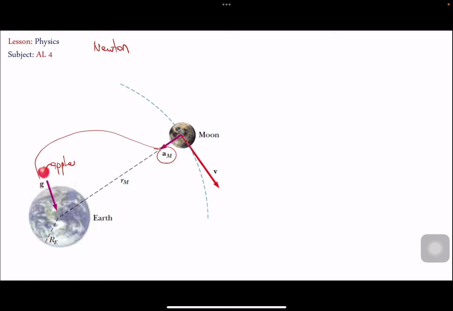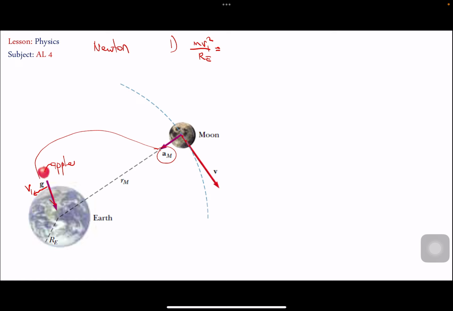Let's see. Let's start with the apple here, because it's on the surface, my first case. I'll write the centripetal force exerted on the apple, m times v squared, where we suppose it is moving with speed v1, equal to the universal gravitational force.